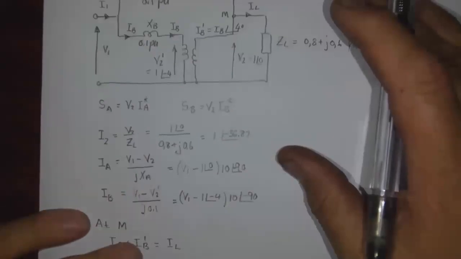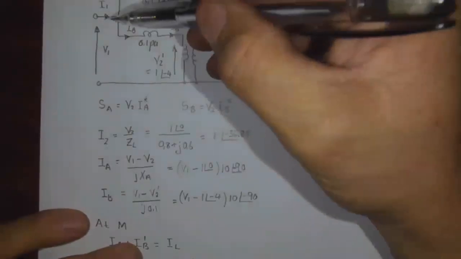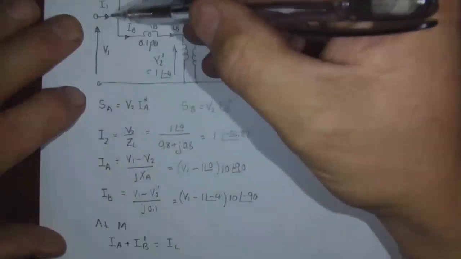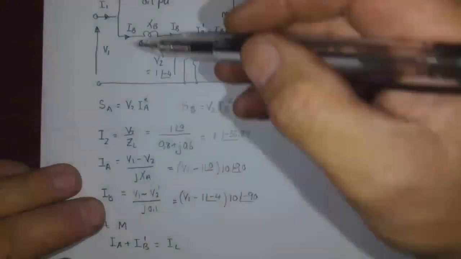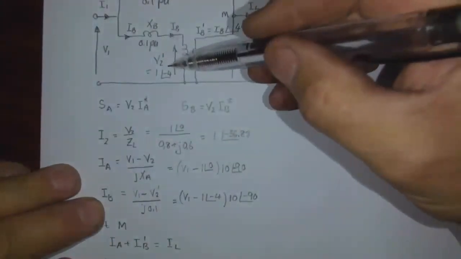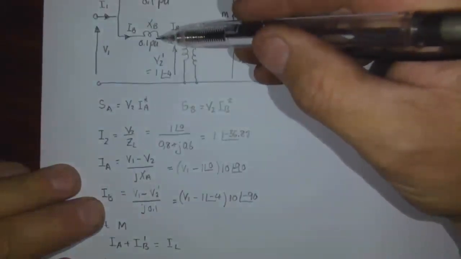Yes. Right. Right, IB. Look at where it is. The current is flowing from there to there. So IB is going to be V1 minus V2 dash divided by the reactance.